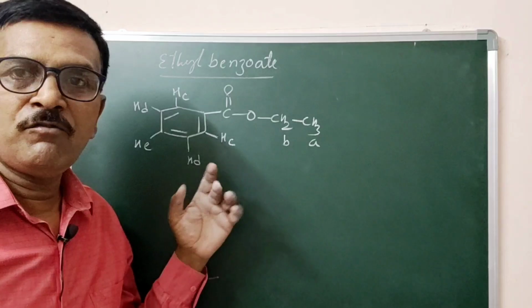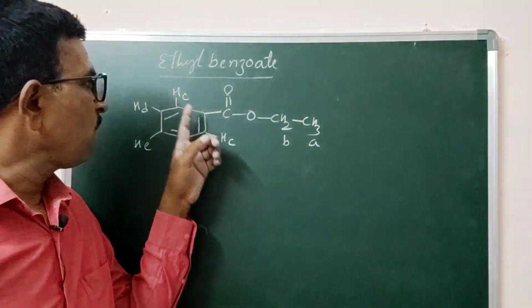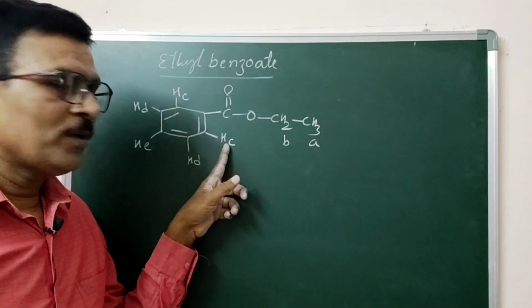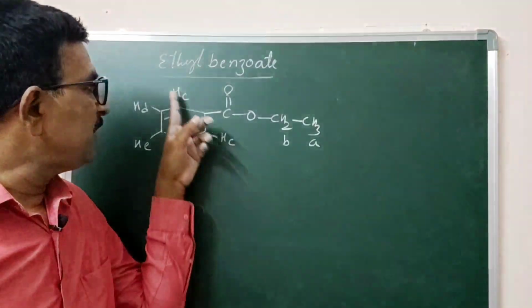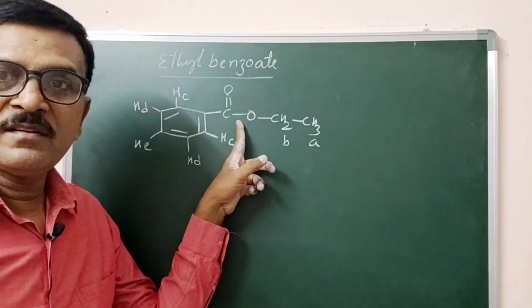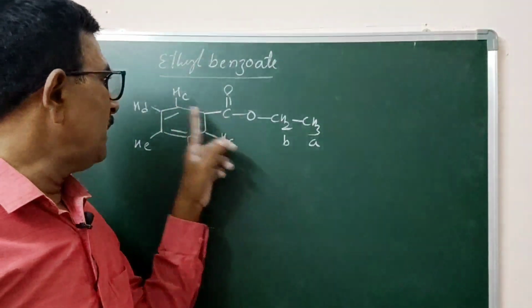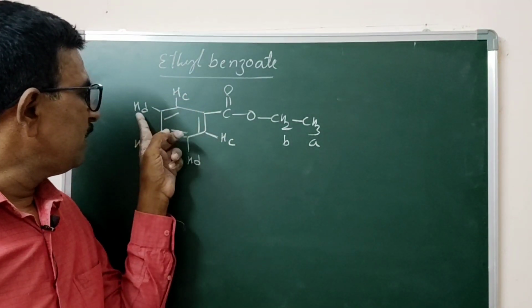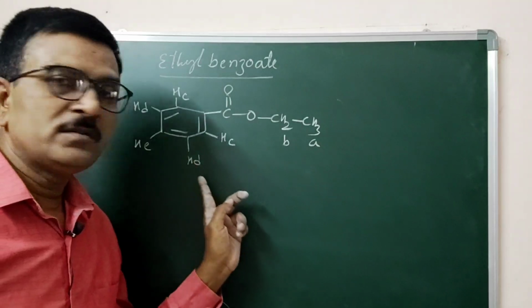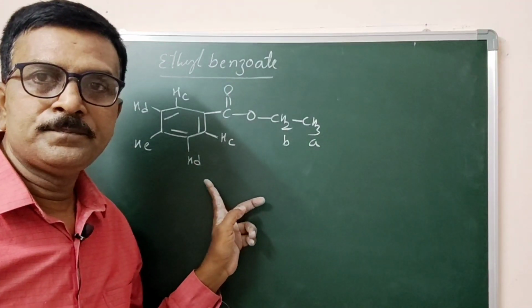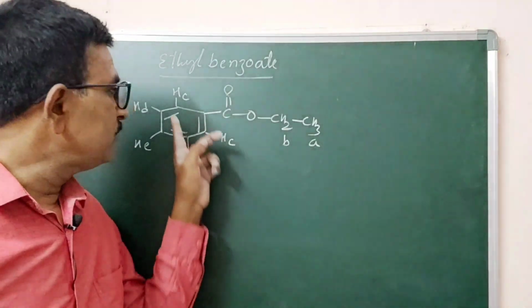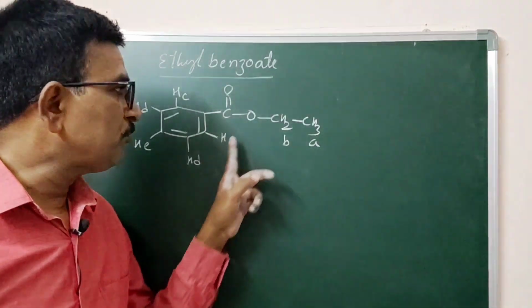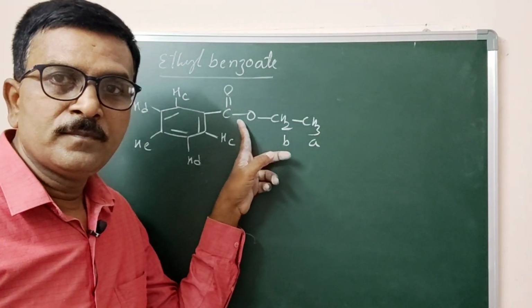Now coming to the aromatic protons, there are 5. Here, these 2 protons are equivalent because they are ortho to the carboxylic acid group. And these 2 protons are also equivalent, hence C and C. D and D, these 2 protons are also equivalent because they are meta with respect to this group.